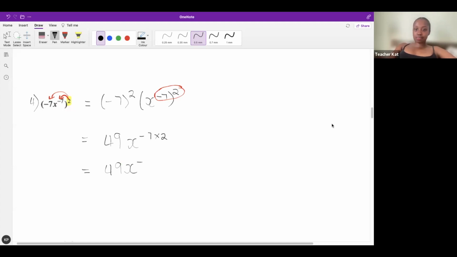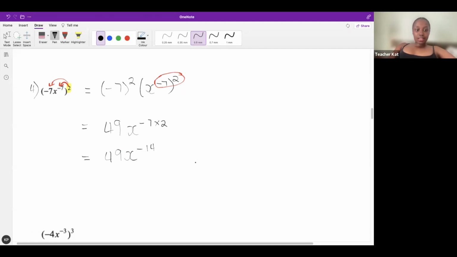And then 7 times 2 will give us 14. So what is going to happen with my x? We're going to move it to, I need us to use the vocabulary. Okay, so when I say move it to, you either say numerator or denominator. Thank you very much, Bukhali. We're going to move it to the denominator, okay? So it's going to be 49 over x to the power of 14. Beautiful.